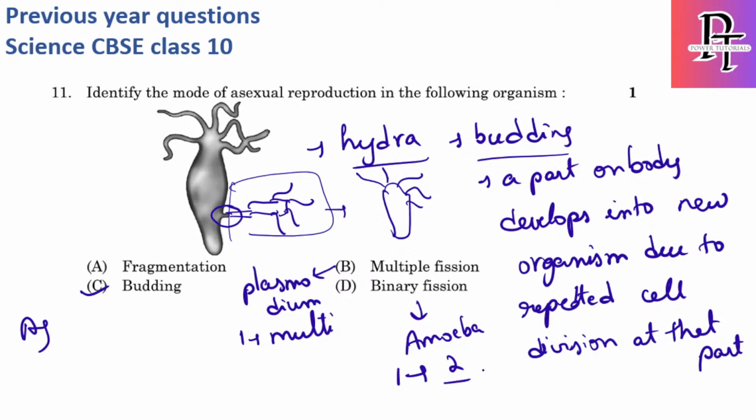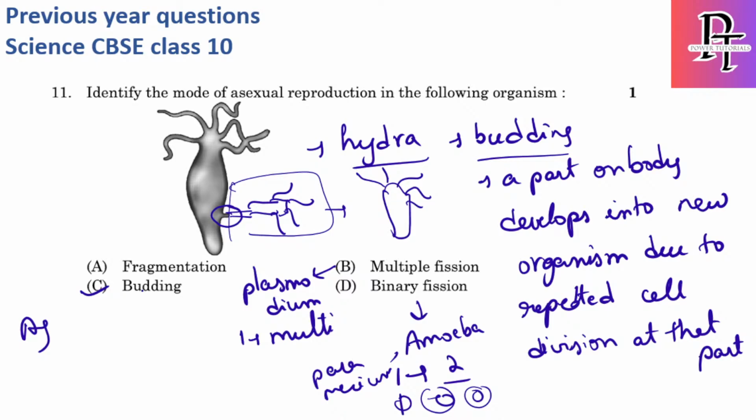It happens in amoeba as well as paramecium, whereas multiple fission happens in plasmodium, where one will divide into many. Fragmentation is different, where small parts are separated and form new organisms. That example I will check and let you know.